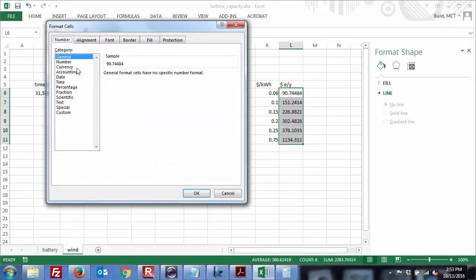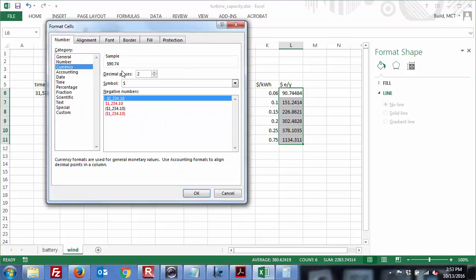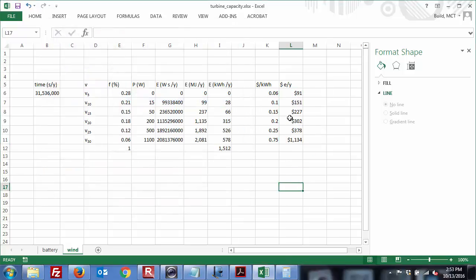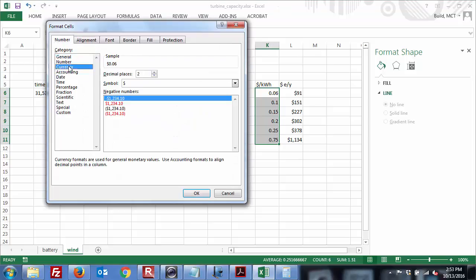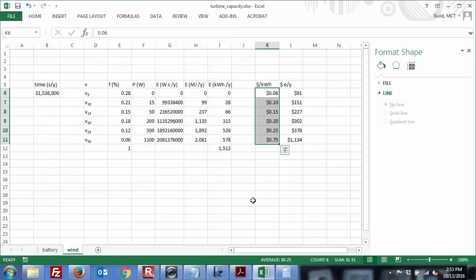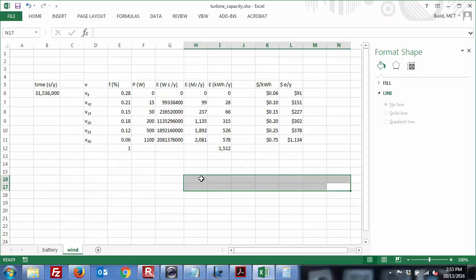Control 1, this is going to be currency. So if you're paying 6 cents, you're making $91 of electricity a year. If you're paying 75 cents a kilowatt hour, you're making $1,100 worth of electricity per year.